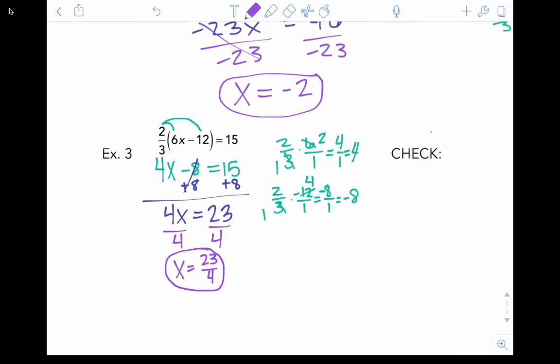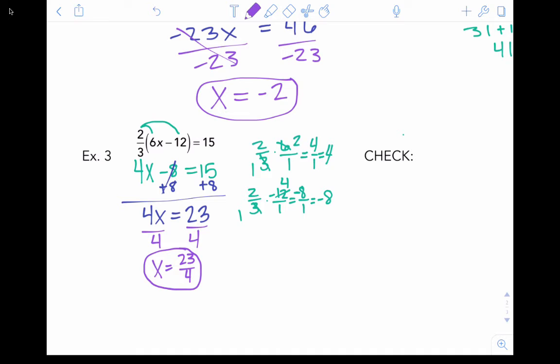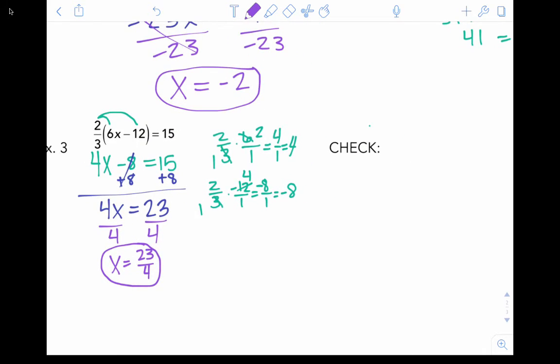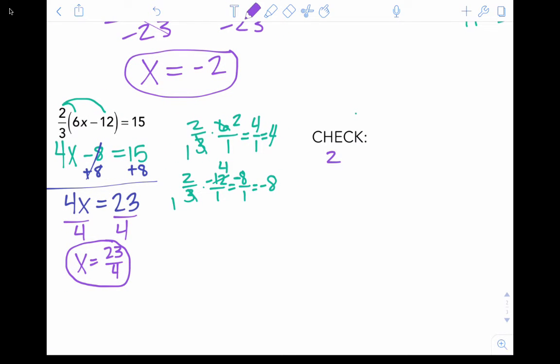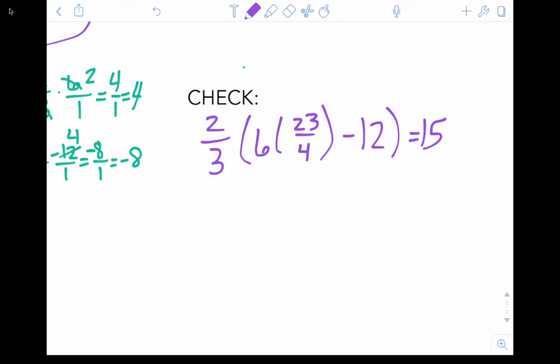So I'm going to go ahead and check this and see if it's correct. So I'm going to write my problem out, but instead of writing x, I'm going to write 23/4. And then over here, I'm going to follow order of operations.